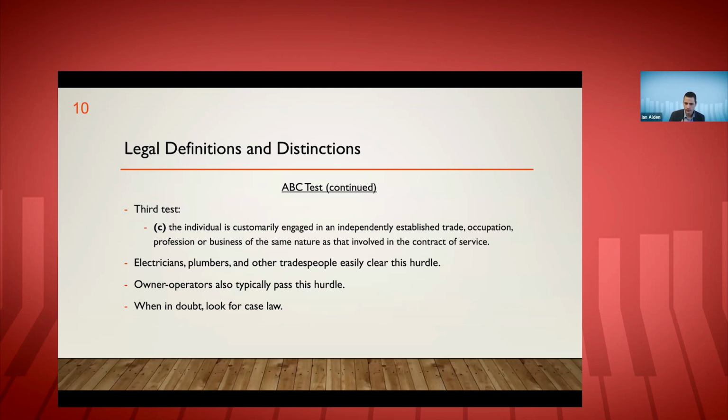You're going to fail this part of the ABC test then because they're not independently established at that point. So really, independent contractors should have already been in business prior to you hiring them, is the way I like to frame this for people.